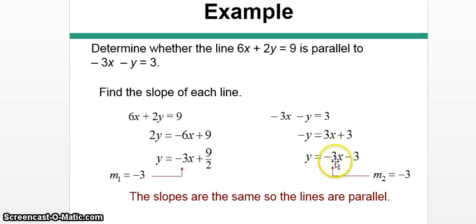Look at here, this is the slope intercept form of the equation. So slope is negative 3. Here also slope is negative 3. Both the slopes are equal, so the lines are parallel.